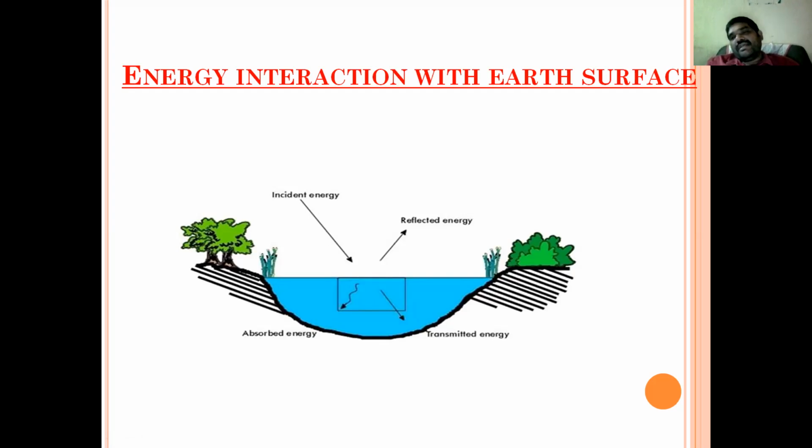Hope you understood. Here we are observing four types of energies. When the incident energy is hitting the target, some amount may be reflected, some may be absorbed, and some may be transmitted. It depends on the properties of the target, on the characteristic features, on the nature of the target.